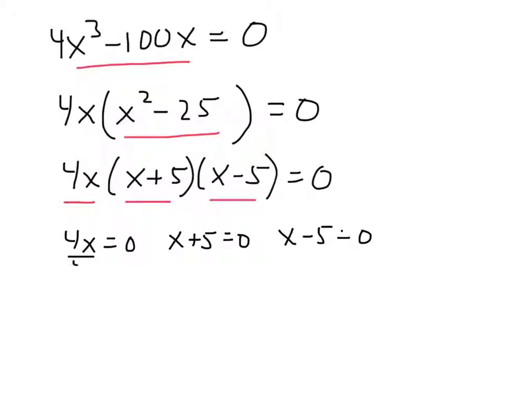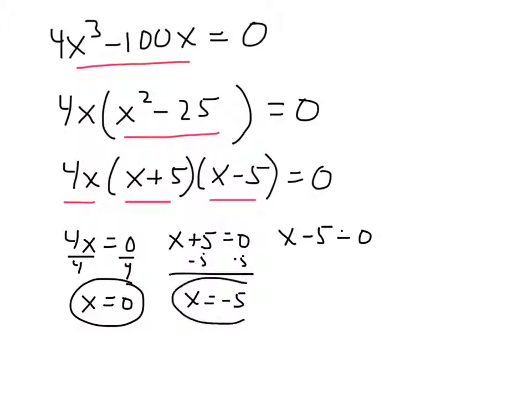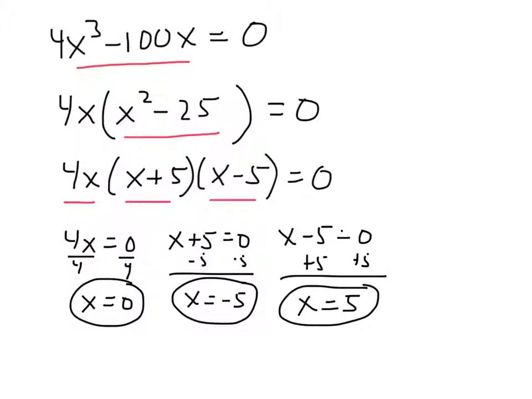And in this first case, you just divide by 4, and so x is 0. And then subtract 5 from both sides in the second one, so x equals -5. And then add 5 to both sides in the third one, so x equals 5. And you see this cubic equation has three different solutions.